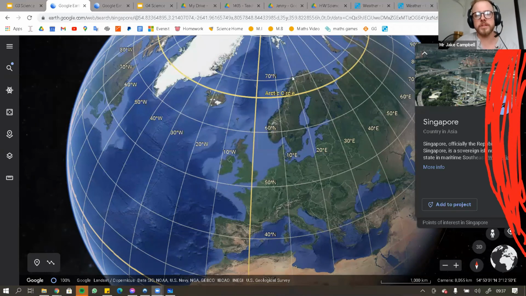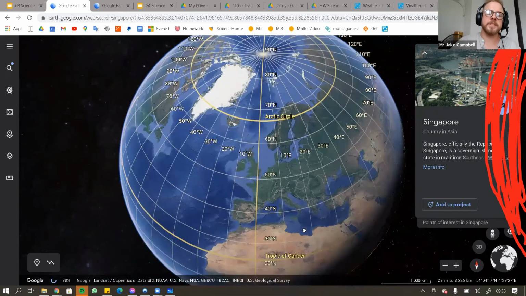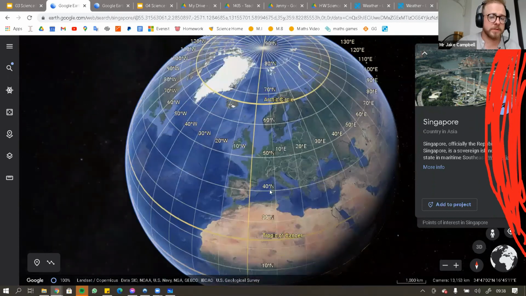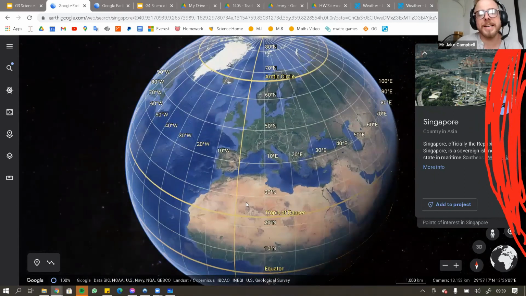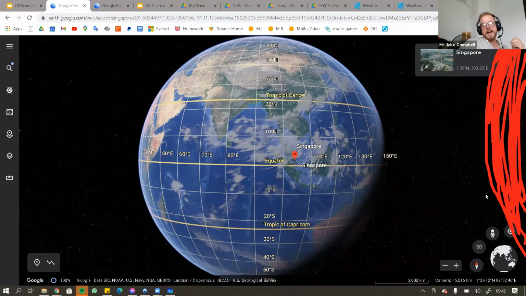So I'm going to write the question in the chat and I want full sentences and explanation. So, how is the climate different in England from Singapore and why is it different? Tell me the different types of climates or weathers and then explain why they are different. Okay, class, I've written an example sentence, missing key words. You can use this sentence and fill in the gaps.